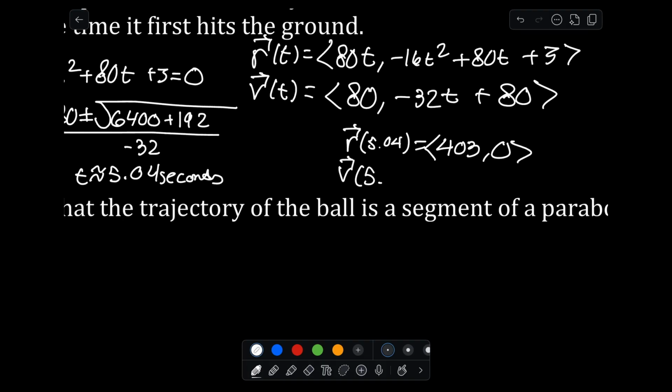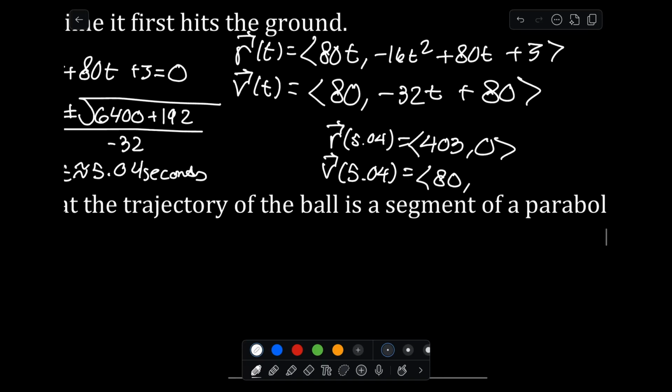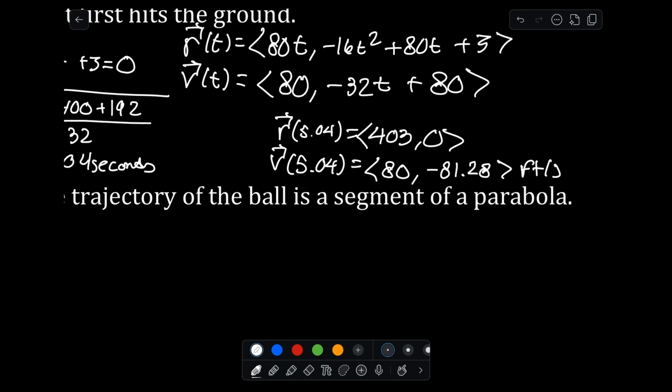Our velocity is constant in the x. It's going to be 80. It's going to be negative 32 times 5.04, which is going to get us negative 81.28 feet per second.